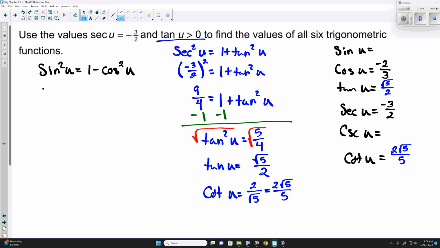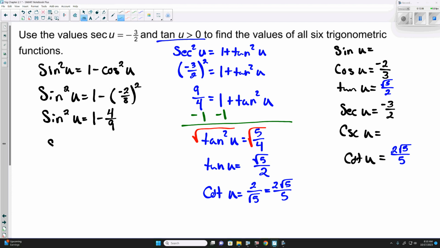And we can use this here. And the reason we can use this is because I know that cosine is negative 2/3. So we can plug it in. Two-thirds squared is 4/9.